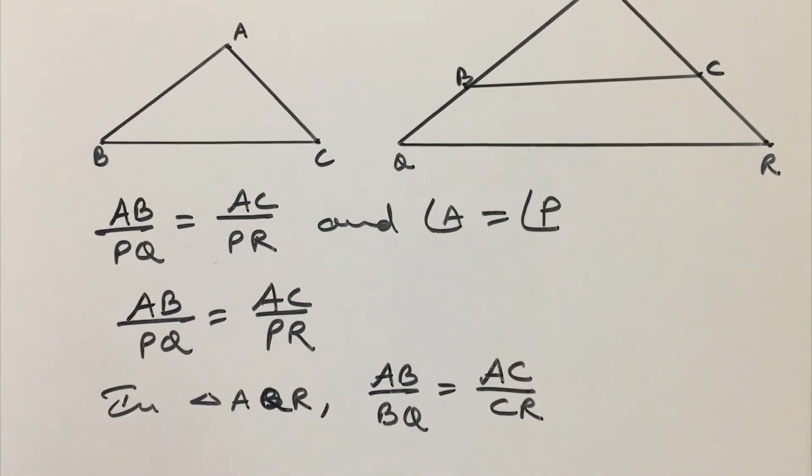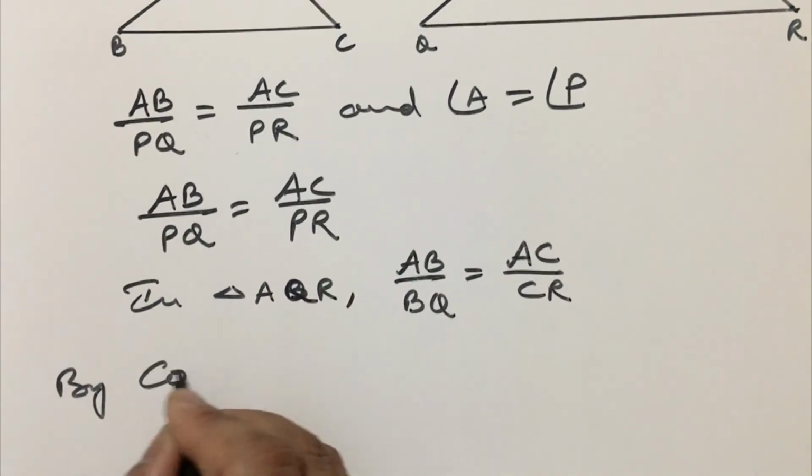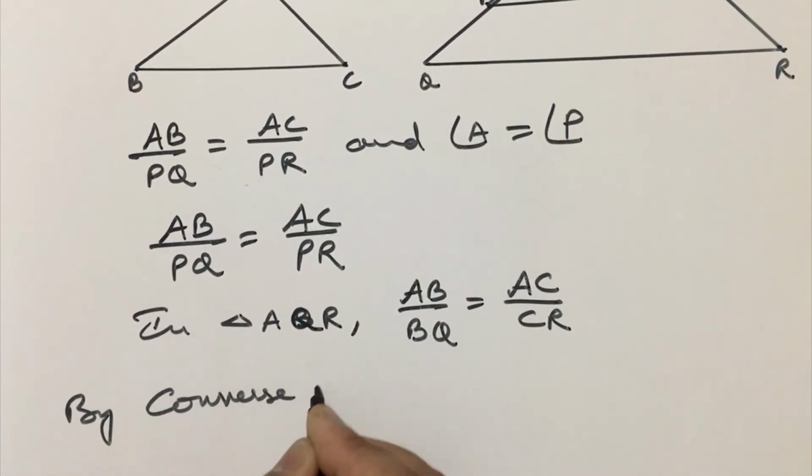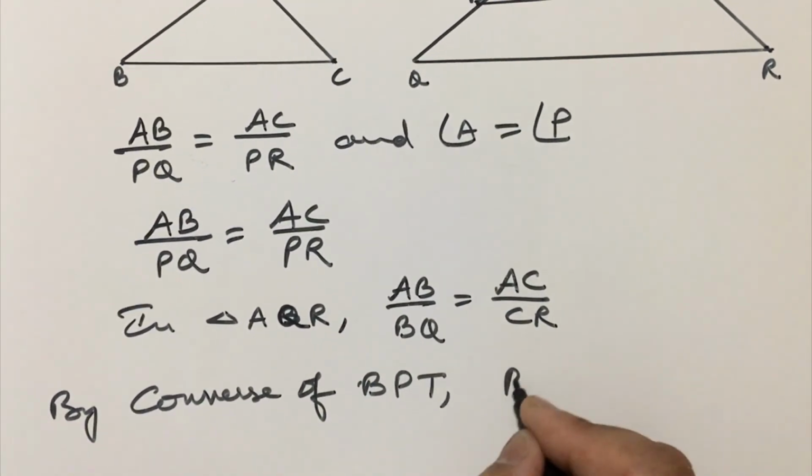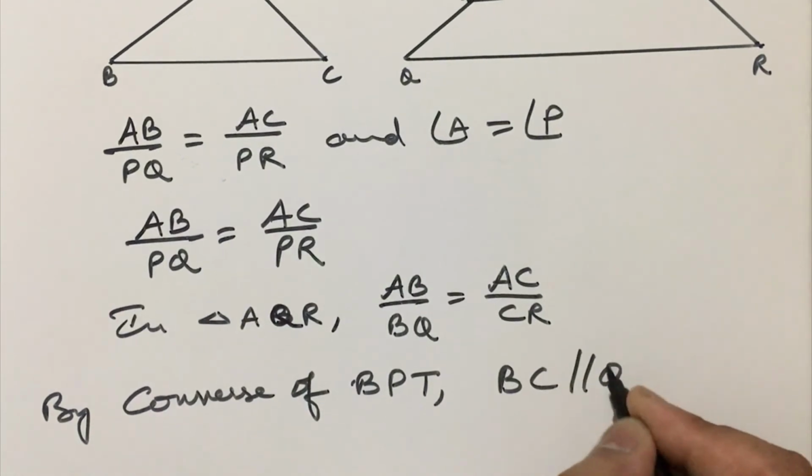When you take it, by the converse of BPT, you can say that this BC is parallel to QR.